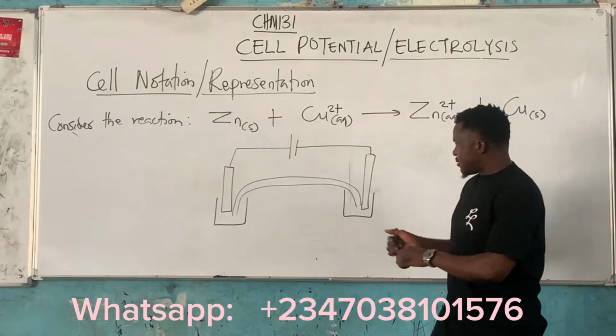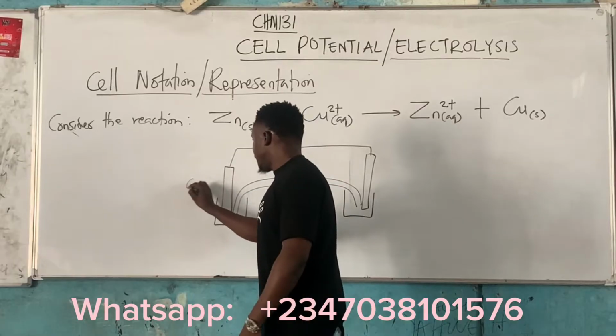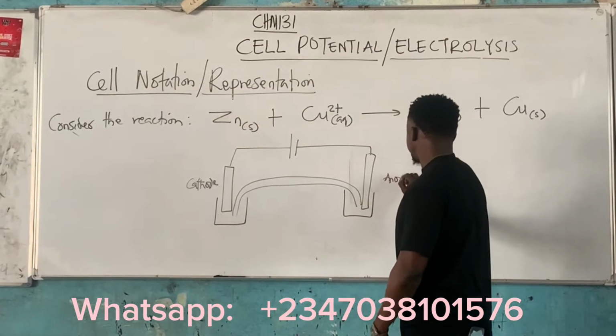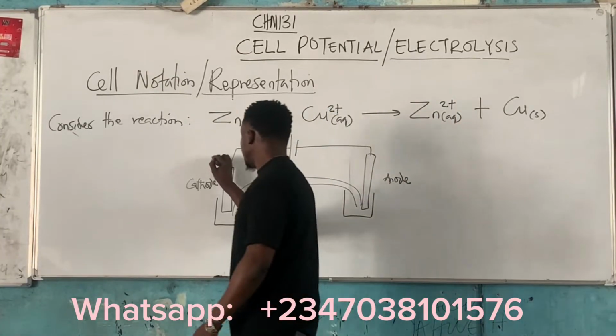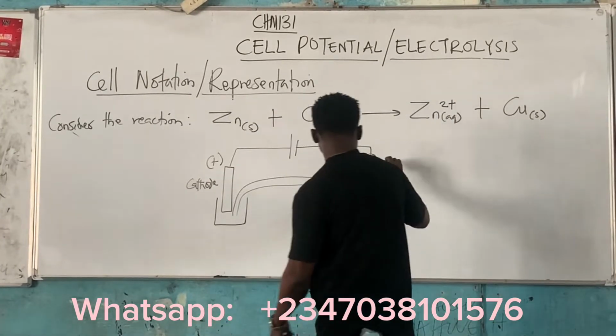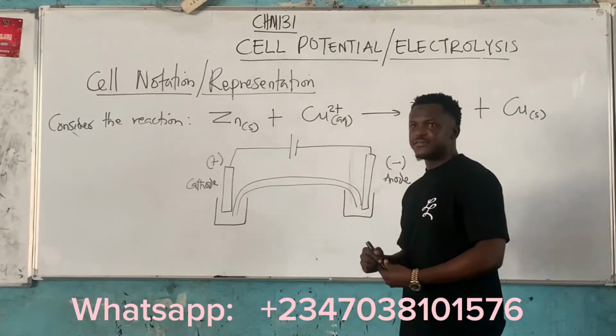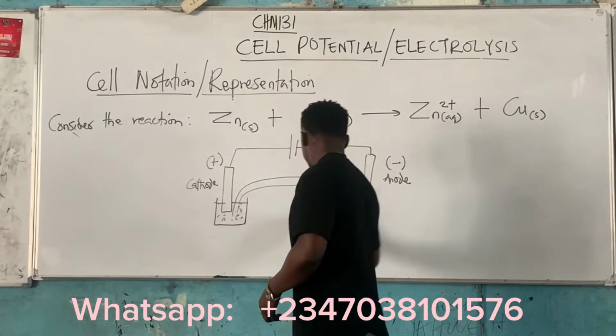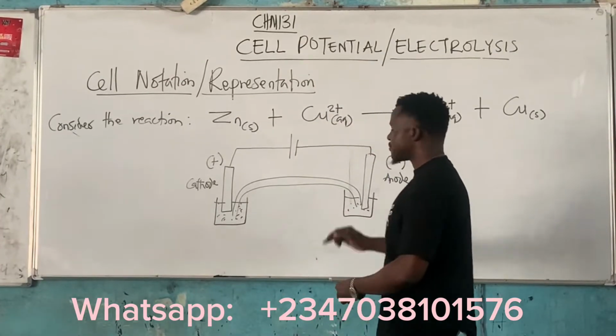This is what it looks like. We have this, let's say, the cathode, and this is the anode. We just said that cathode is positive, anode is what? Negative. Now this is the electrolyte, and these are the electrolytes.